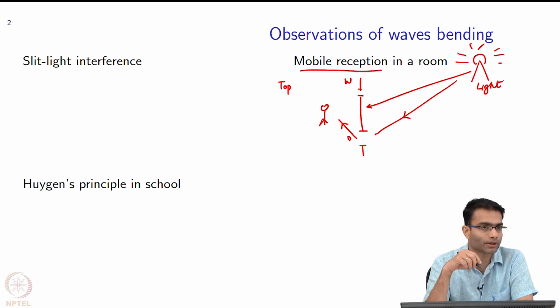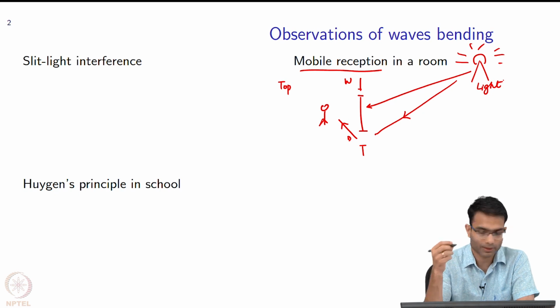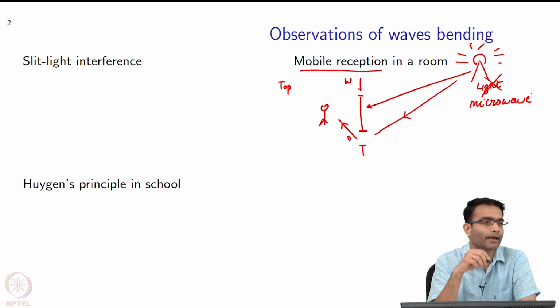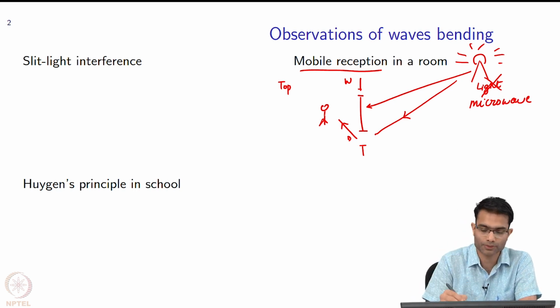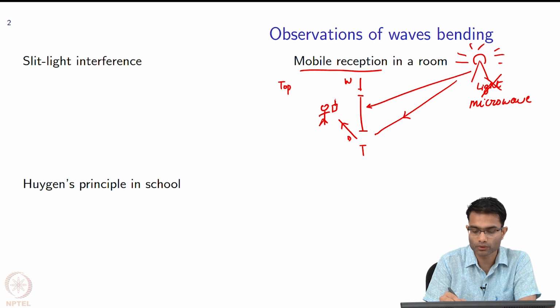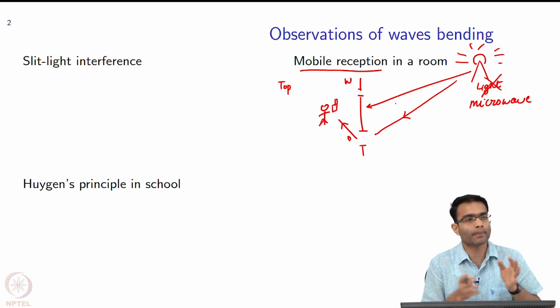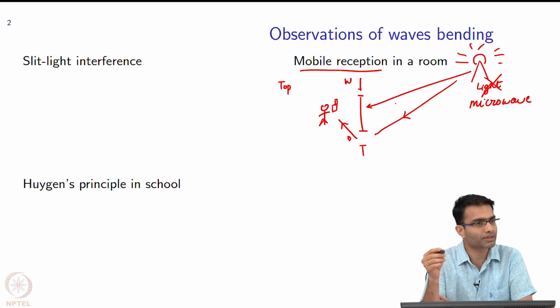Of course not, there is no line of sight, you can't see the tower. But thankfully, it is not light, it is a microwave, and empirically we find that we are able to get reception on our phone over here, even though there is no line of sight. So, there is some idea that the wave is somehow bending around obstacles and we are able to receive it.